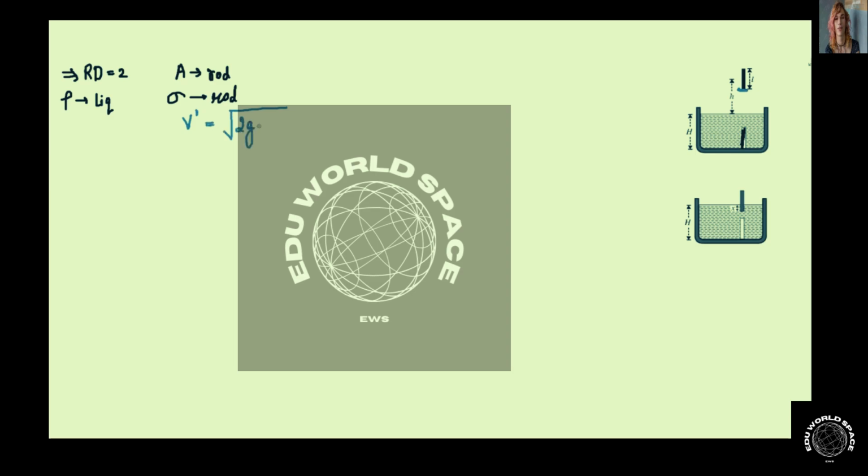So it will become root 2g, and this will become h minus L by 2, because the center of mass is located over here, so this is at L by 2 distance. So we'll subtract that extra distance. So this is the velocity when the lowermost part of the rod touches the water surface.